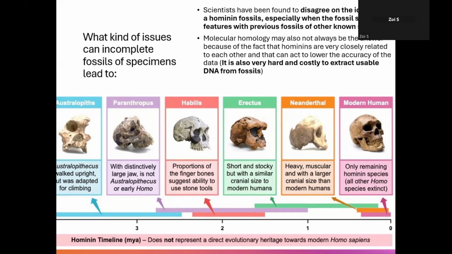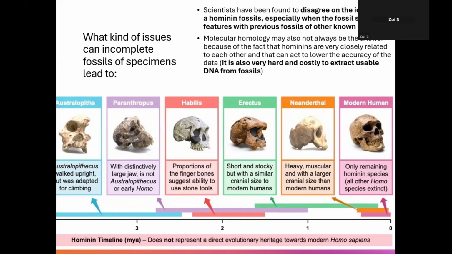That can cause confusion, because remember, when species are very closely related they will share features with each other, and that can be an issue when we are trying to determine whether it's the same species or a different species in between them, because we are still piecing things together so there's a lot of interpretation that can go into it. So basically we're doing a lot of guesswork, trying to piece together a puzzle without knowing how big the puzzle is or how many pieces are in the puzzle. So that's why there's a lot of interpretation that goes into it, right?